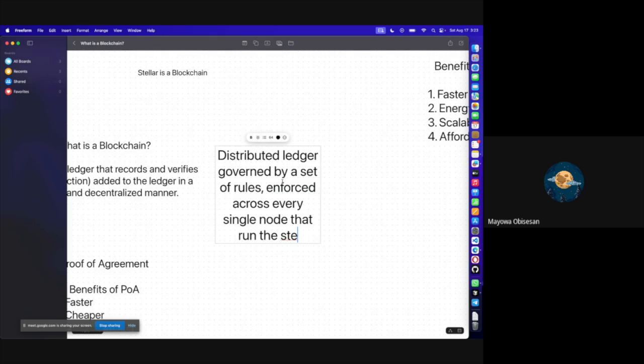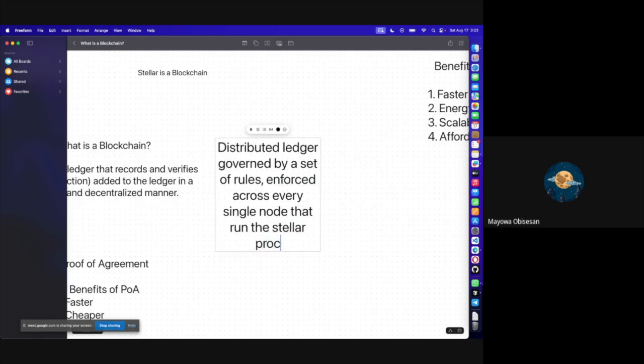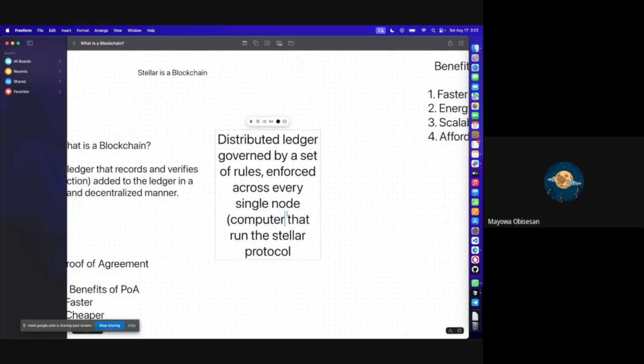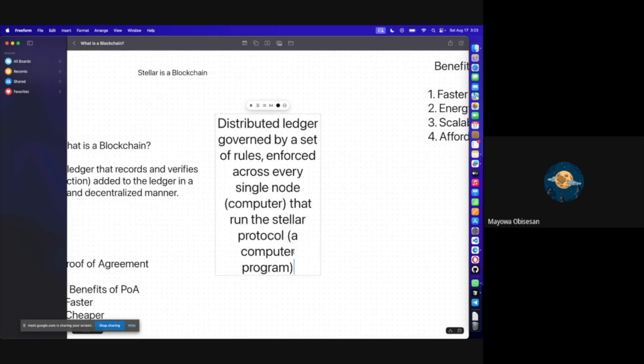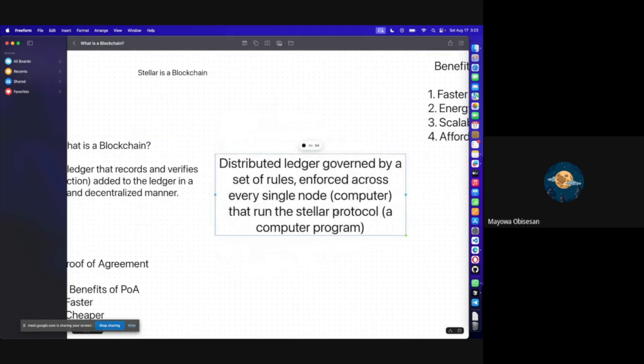The Stellar protocol itself is just a computer program that enforces the rules and ensures that for every computer that runs that computer program, you are sure that they follow the same set of rules.